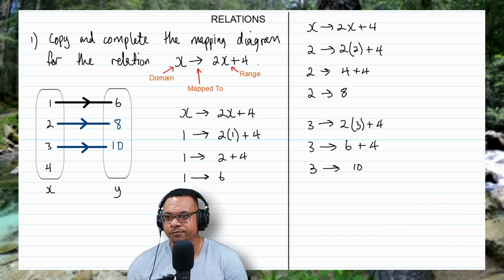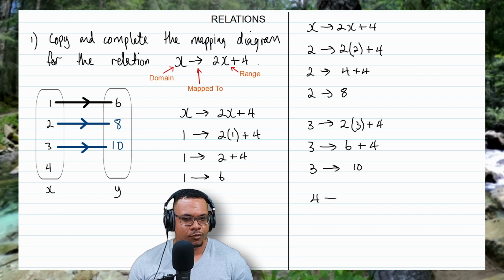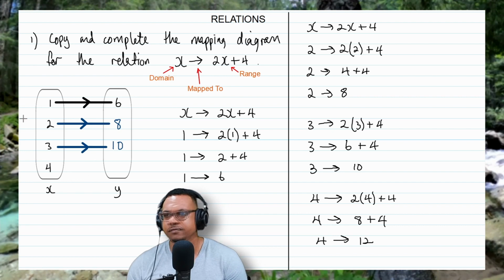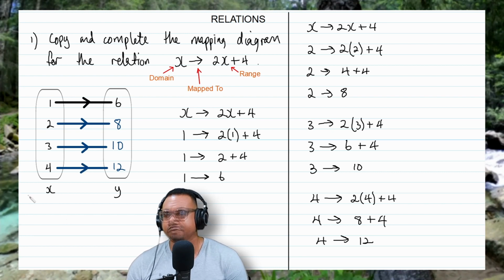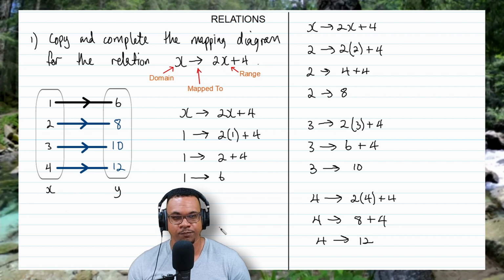And next for 4, we'll have 4 is mapped to, and again it's 2x plus 4, so that's 2 times x, which is 4, plus 4. So 2 times 4 is 8 plus 4, and 8 plus 4 is 12. So 4 is mapped to 12. So we would write 12 here, and we draw an arrow going from 4 to 12. And that's it. We have completed our mapping diagram for the relation x is mapped to 2x plus 4.